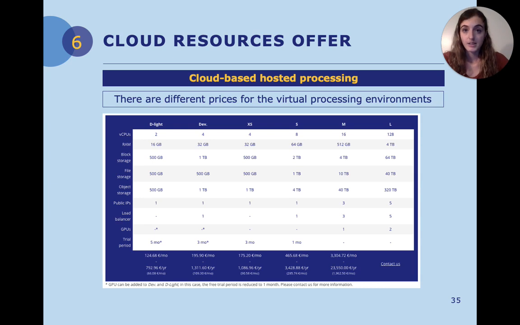There are several pricing options, depending on the configuration you may need for your virtual machines. Configurations are different depending on the RAM, storage, and the number of CPUs needed. For some of them, there is also a trial period, available at no cost.